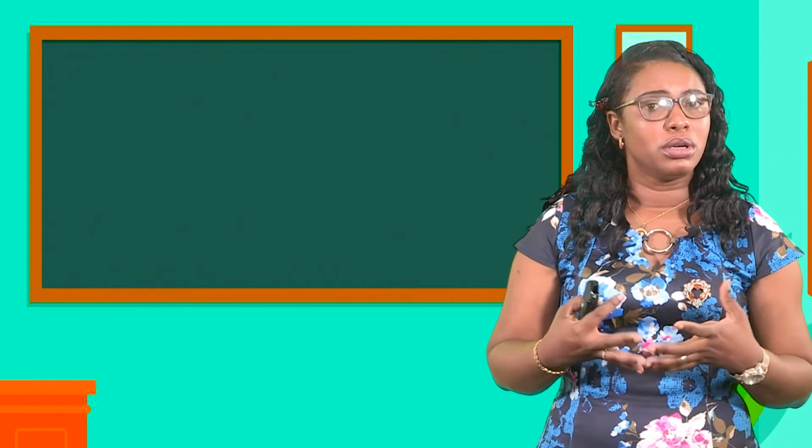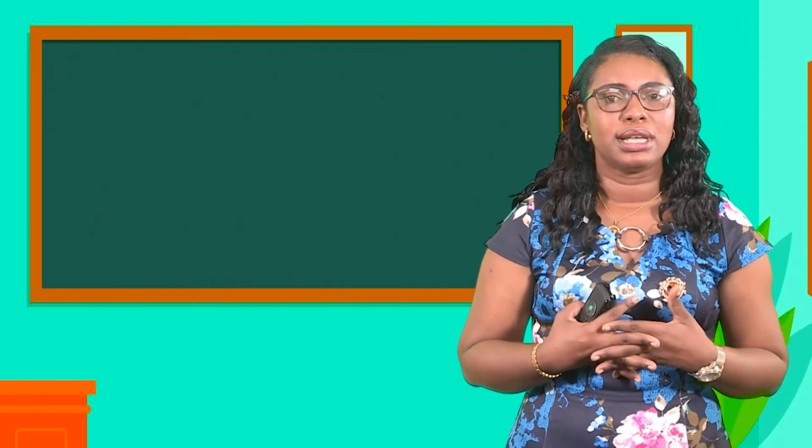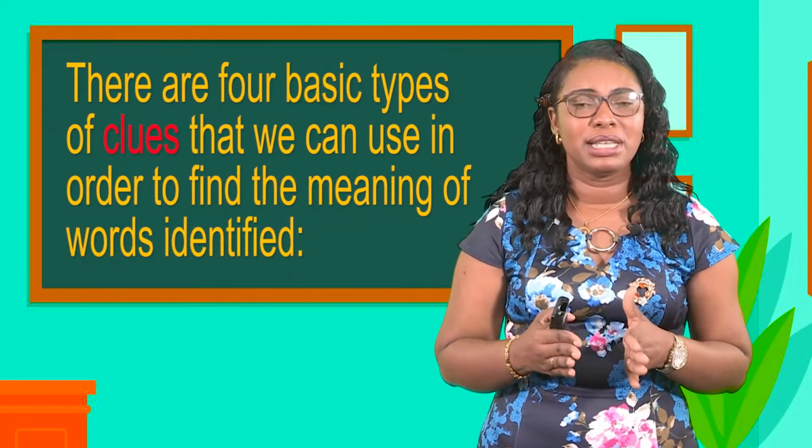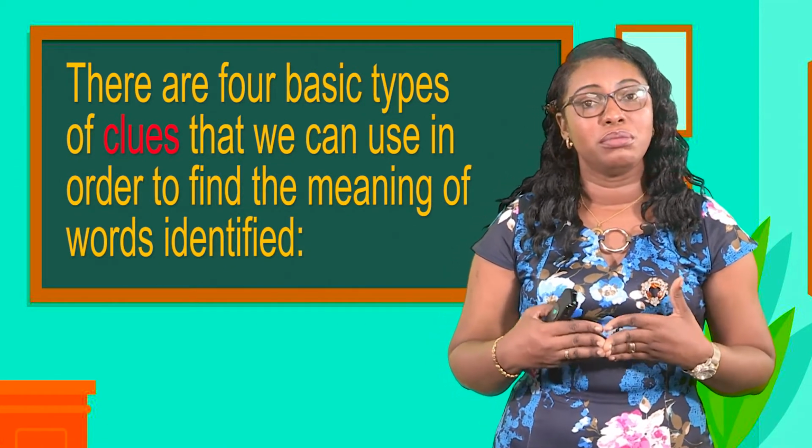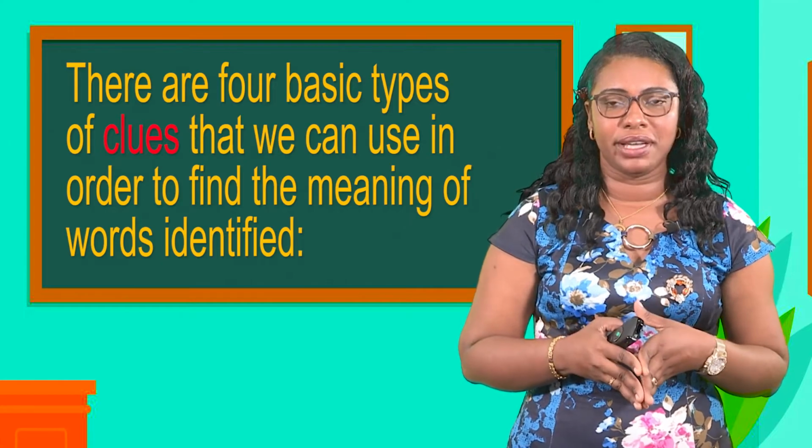Because most of our vocabulary is gained through reading, it is important that you be able to recognize and understand these clues. Now, when we are talking about context clues, you must understand that there are 4 basic types of clues that we can use in order to find the meaning of words identified.